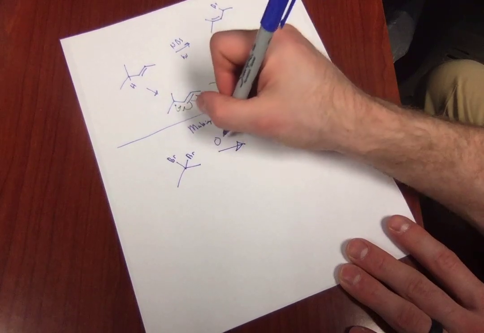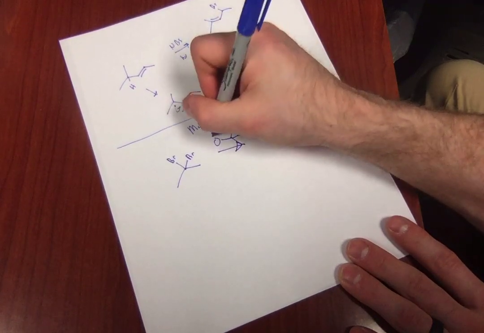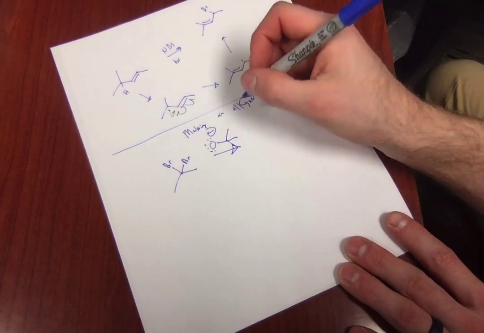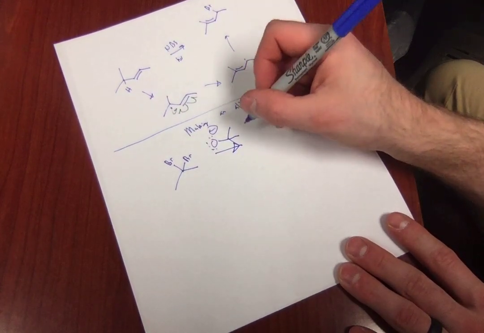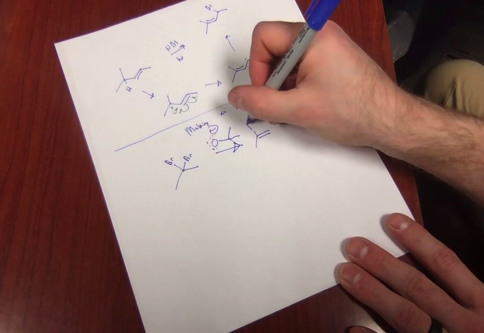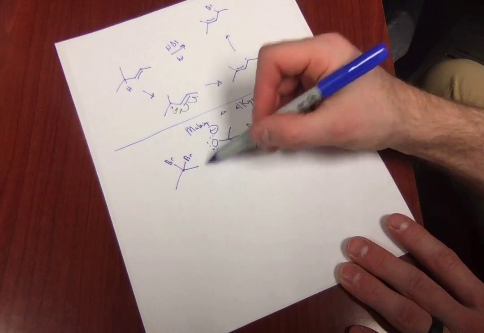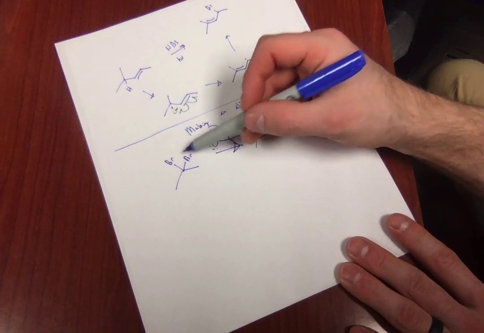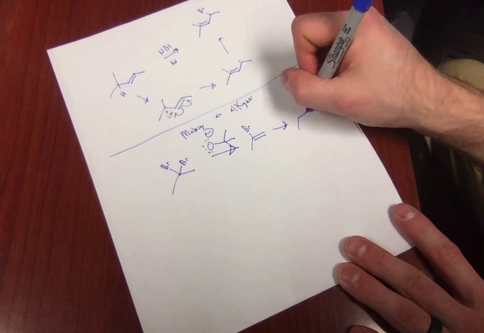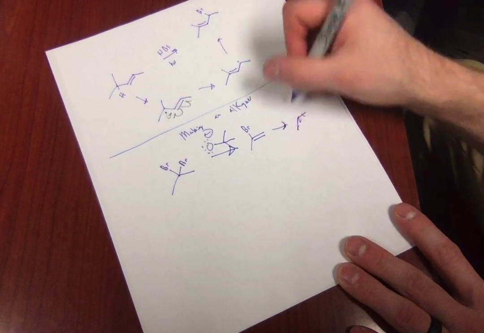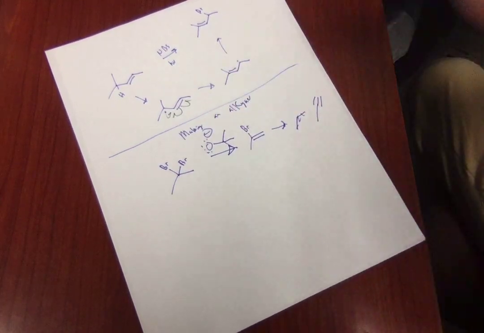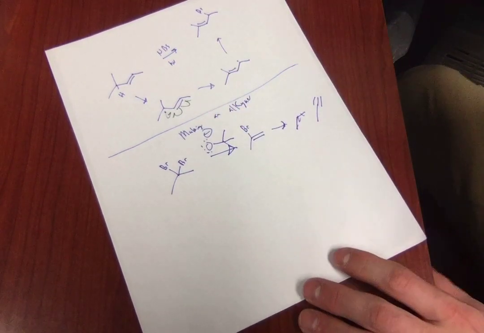So if I added a large base here, or a small base realistically, this is going to generate initially, we'd pull off a proton, make our double bond, kick out one of these two Brs, and then with a second equivalent, oops, it needs to be linear, lose that other Br and generate our alkyne here.